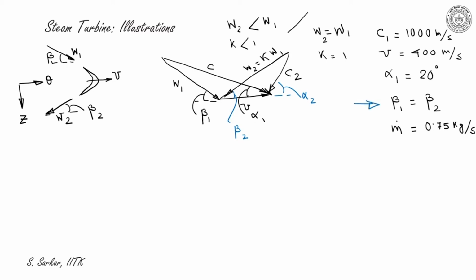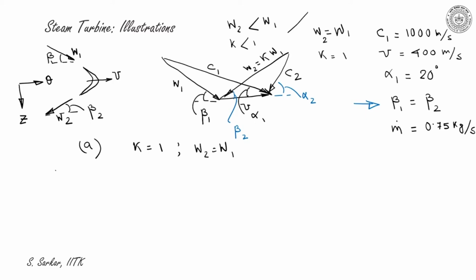This is C1, I have forgotten to mark. So I have completed the velocity triangle now. Now I'll solve part 1. Now here K is equal to 1, so friction is neglected and hence W2 is equal to W1.